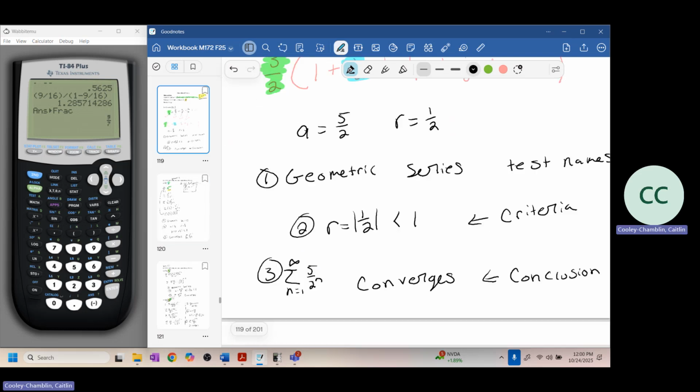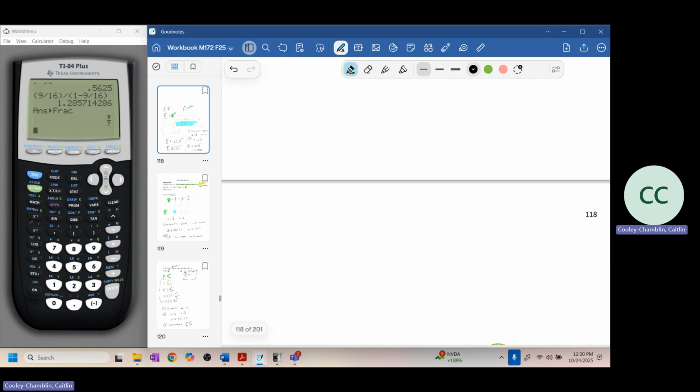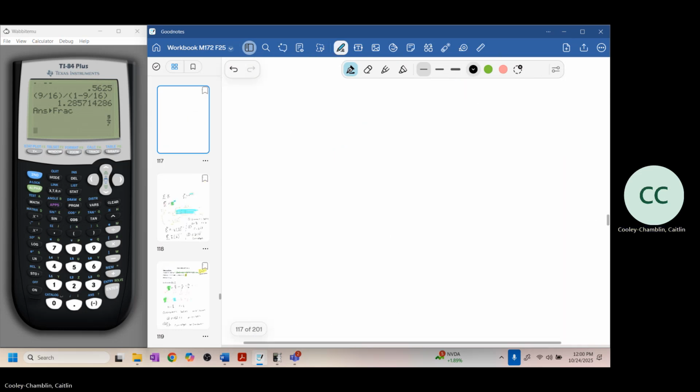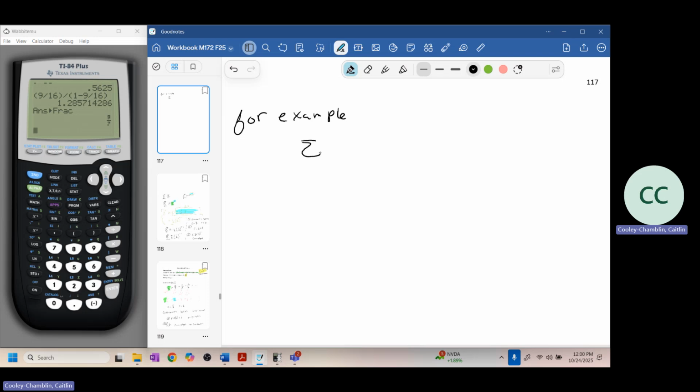So let's say I'm going to go to another blank page. Let's say, for example, we have the summation of n equaling 0 to infinity, let's say 4 times 1/2 to the n. We're going to just do something simple. And it's asking for the sum, or does it converge or diverge?